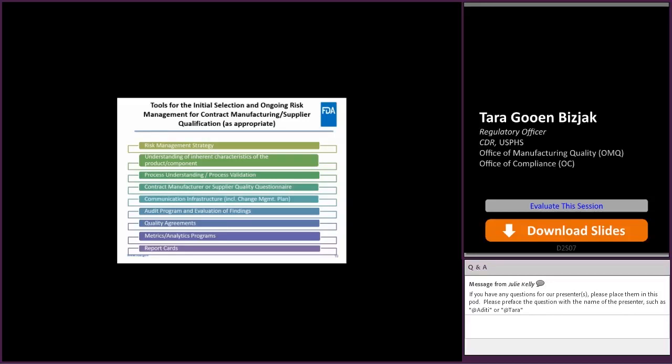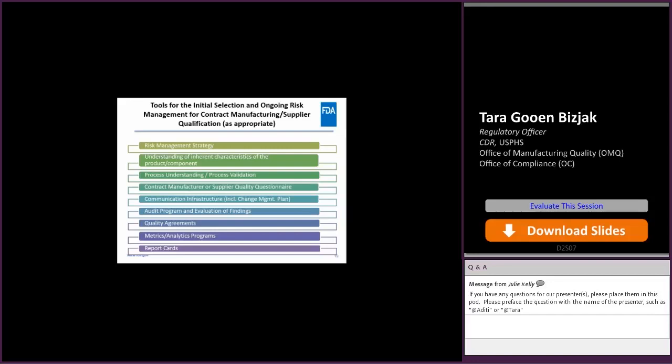Oftentimes, pharmaceutical companies will use a questionnaire to assess the quality of a contract manufacturer or supplier in the interim between on-site inspections. So that's another tool as well.